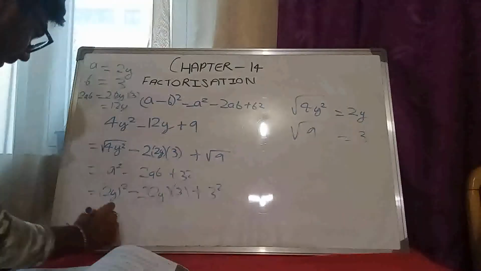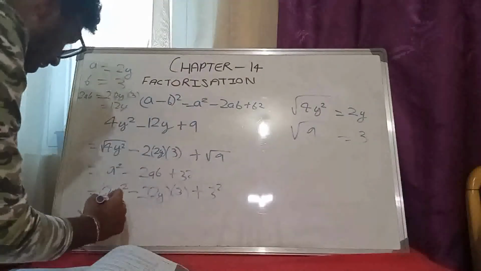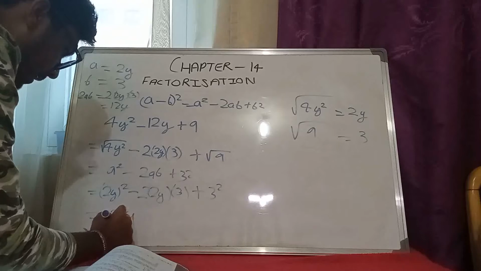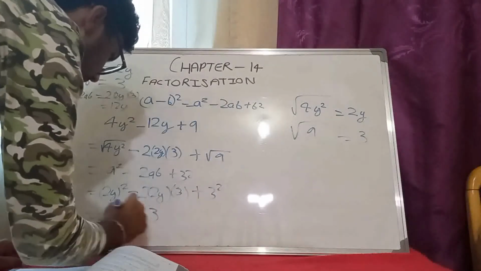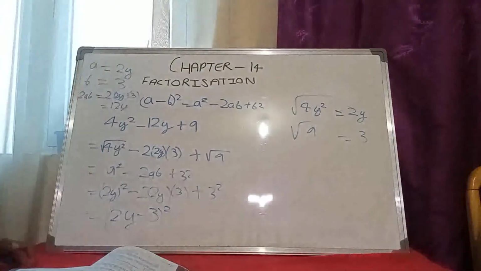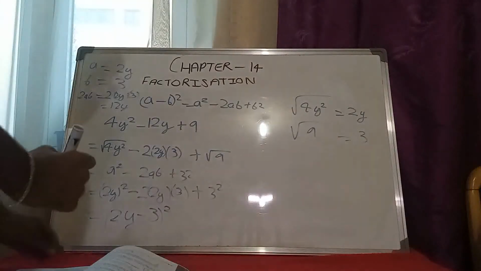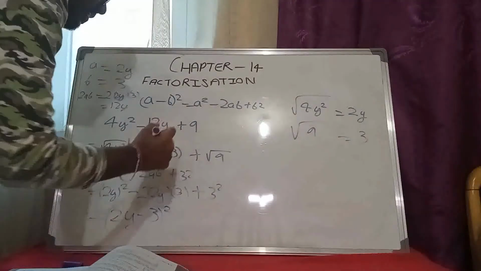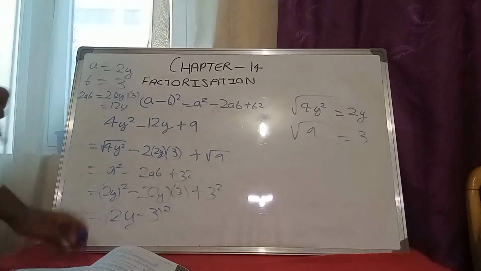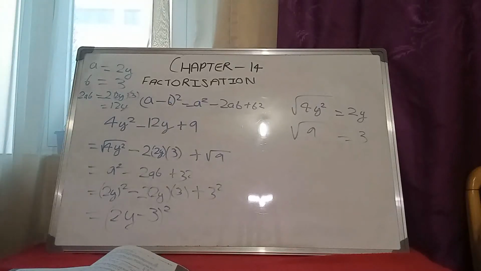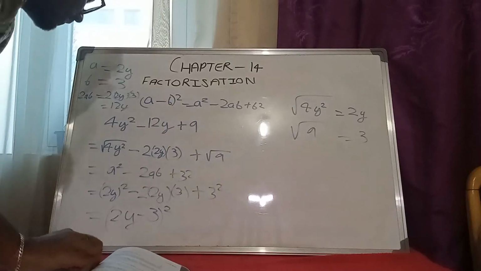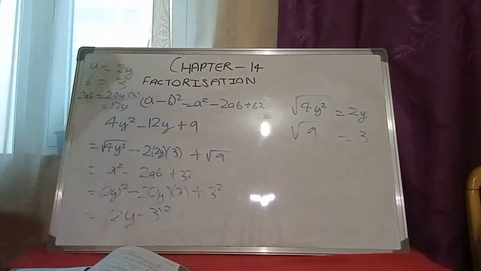So now we get that it's (a minus b) the whole square, where a is 2y and b is 3. So it's (2y minus 3) the whole square. Again, summarizing, the second identity is (a minus b) square equals a square minus 2ab plus b square. We get the question 4y square minus 12y plus 9.